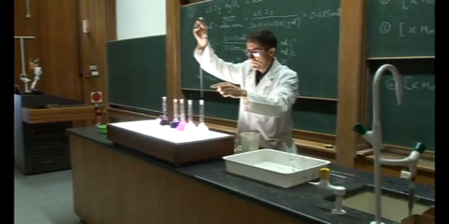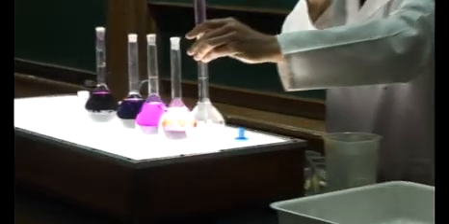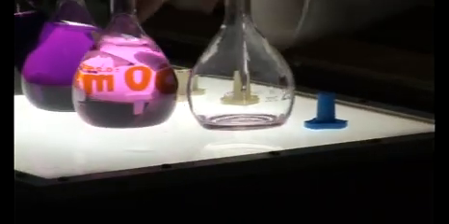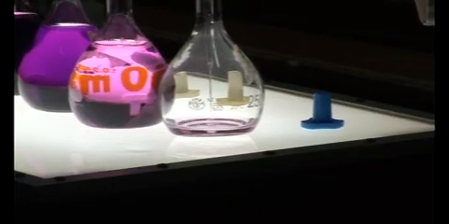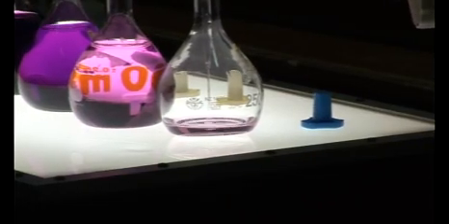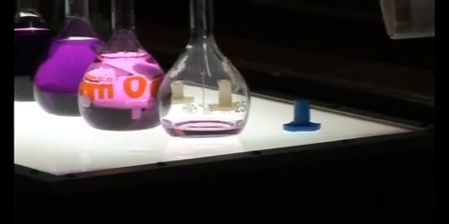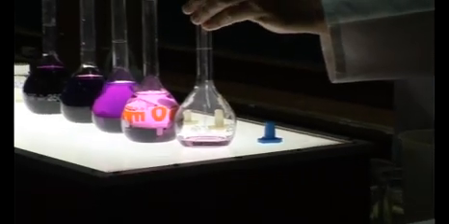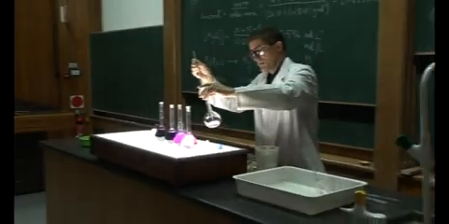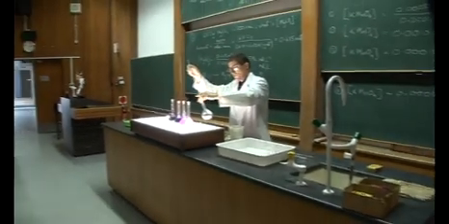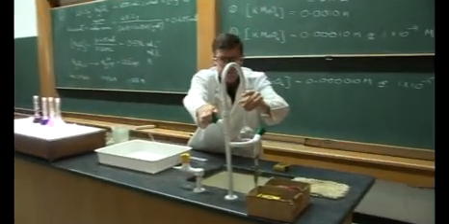There we go. 0.4 of a gram, 0.04 of a gram, 0.004 of a gram, 4 milligrams that is, 0.4 of a milligram, 0.04 of a milligram. So this is 40 micrograms of a material in 250 mils.